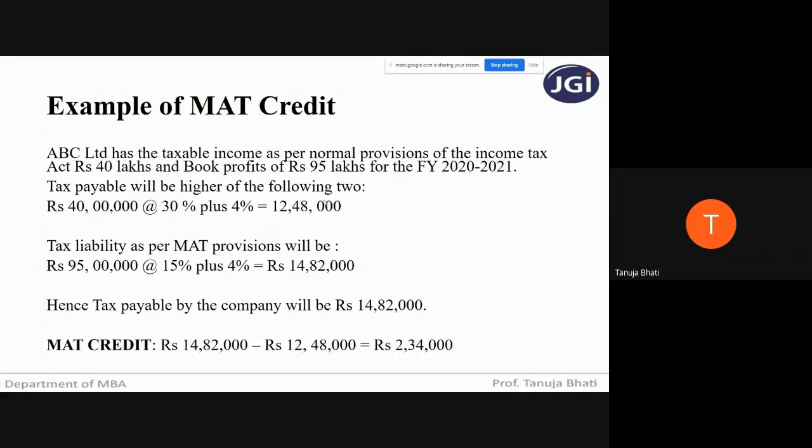Step number 3, you're going to compare the tax payable as per the normal provisions of income tax and tax payable as per MAT. Step number 4, whichever is higher, you are going to pay that amount of tax to the government. So these are the steps which you need to follow even while solving the problems, in order to know what is the amount of tax to be paid to the government in respect of companies.